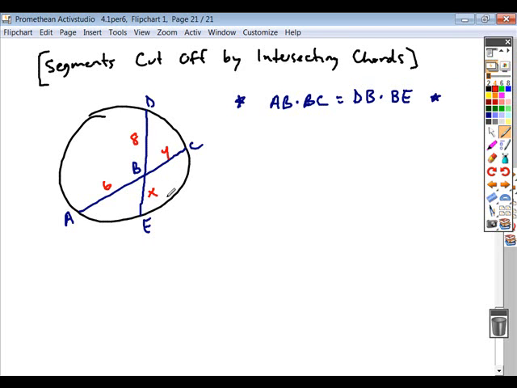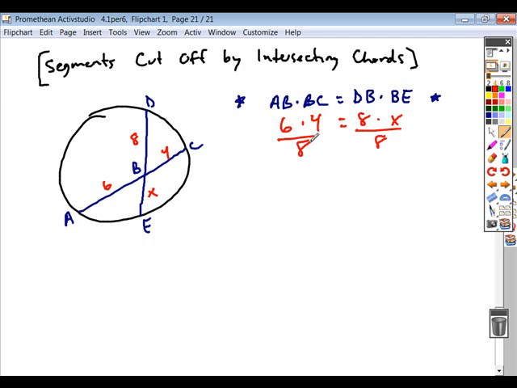So if I told you that AB was 6, BC was 4, DB is 8, and you want to solve for BE, you'd simply set up your general relationship: the product of the segments cut off by intersecting chords will be equal, and then just plug in the values. So AB was 6, BC was 4, DB was 8, BE was X.